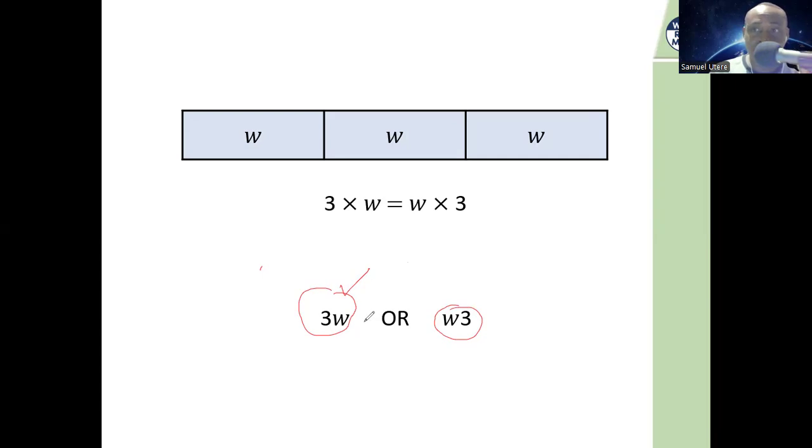Just wait. There is another new word I need to tell you. We need to write the number before the letter. So let me tell you the word. Anytime you see a number next to a letter, we call it a coefficient.